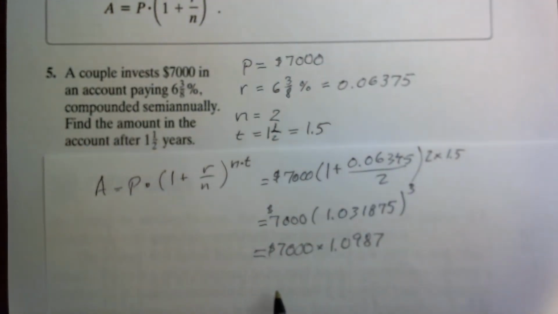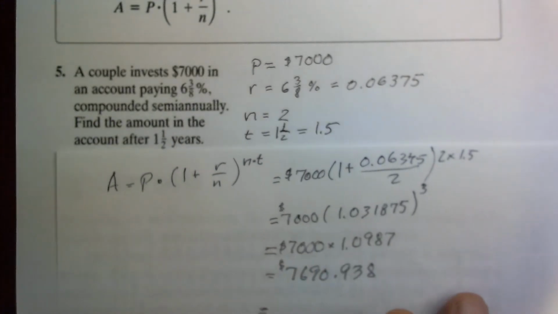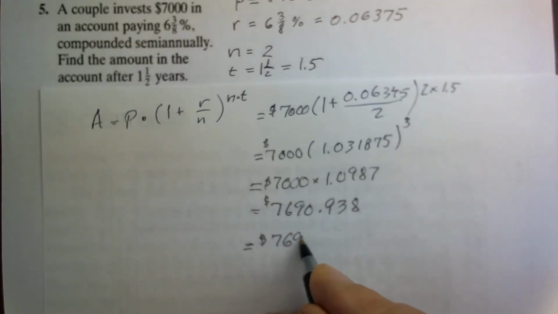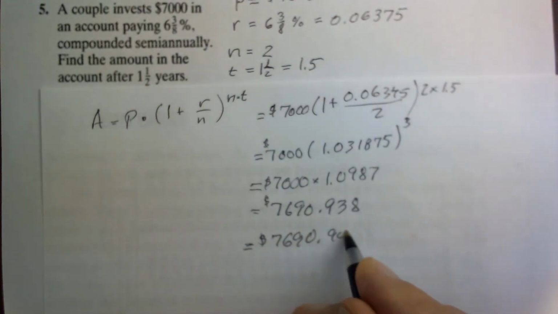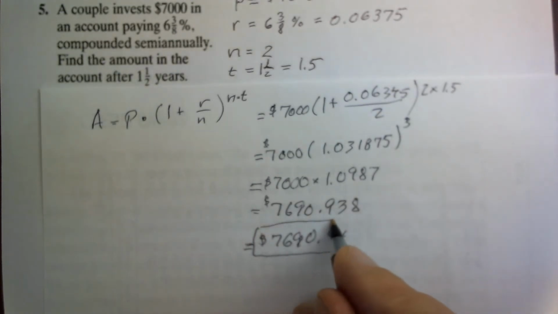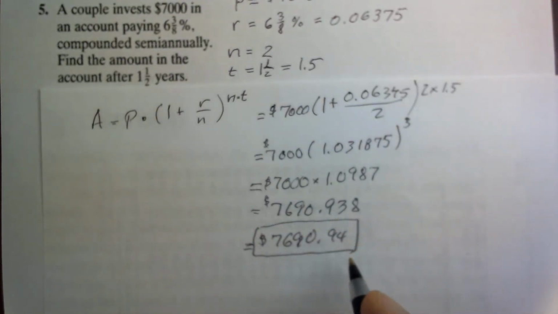And when I do that, the result is 7,690.938, and we're going to round it to the nearest cent, which is equal then to 7,690.94. So this is the amount in the account after 1.5 years.